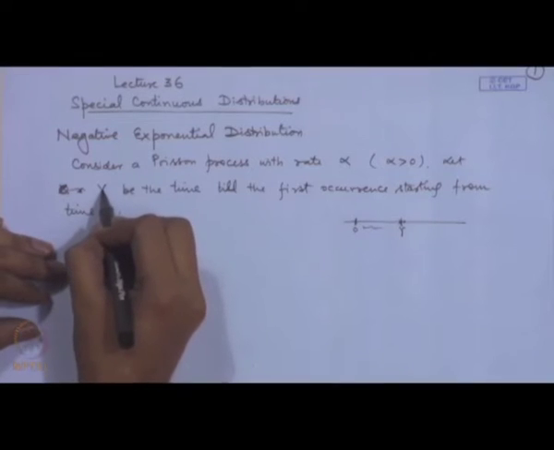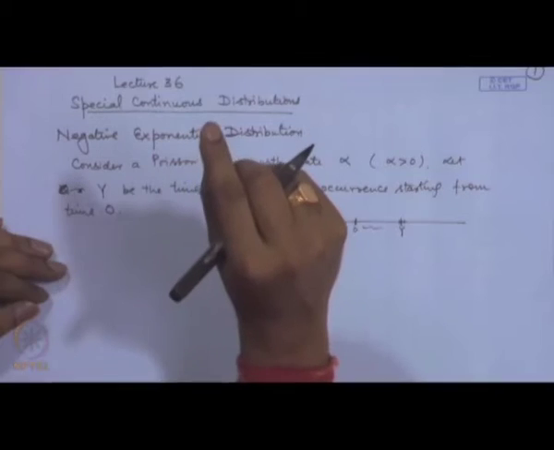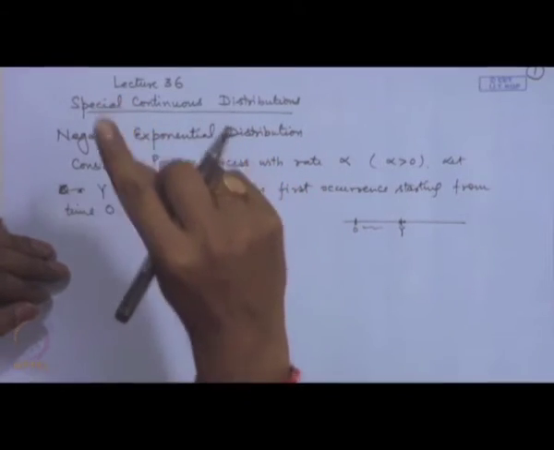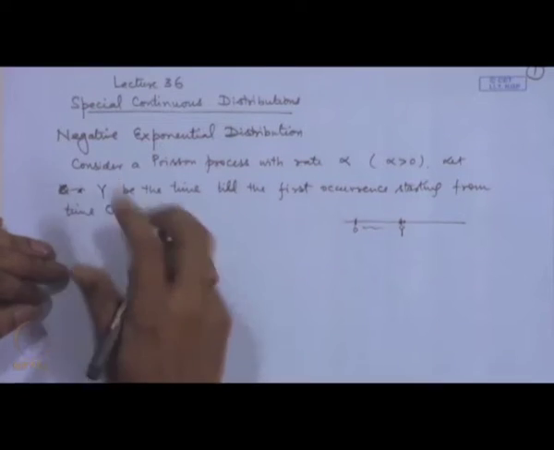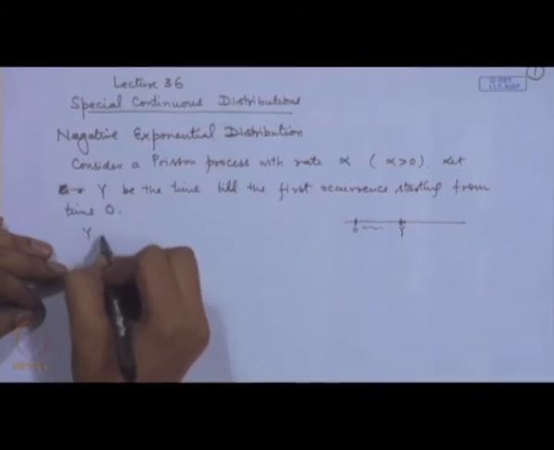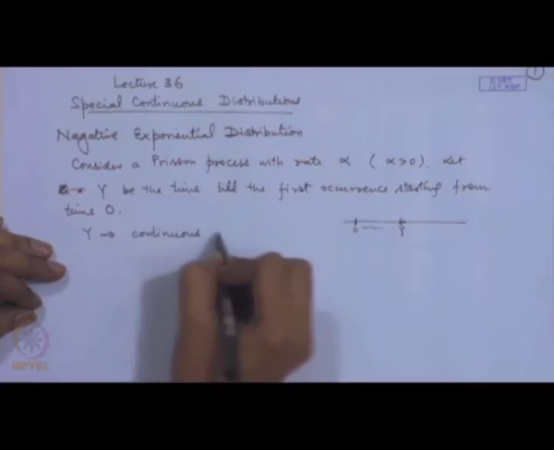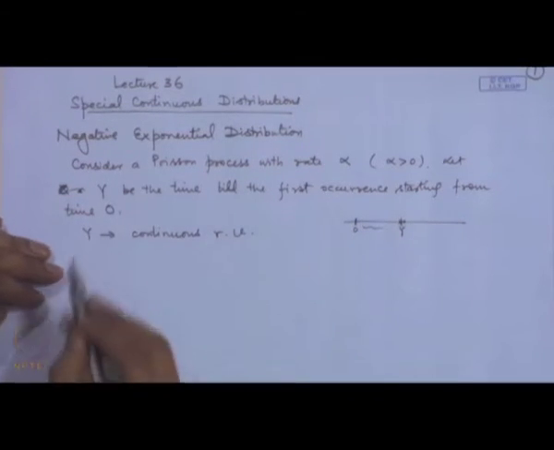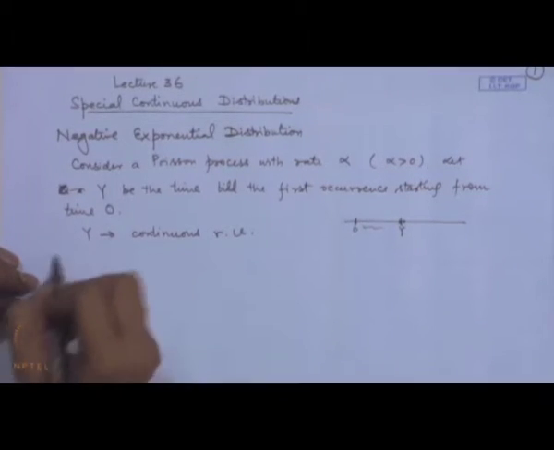Now, naturally this y is different from the number of occurrences. The number of occurrences is a discrete random variable, because it was taking values 0, 1, 2 and so on. Now, we are looking at the time, so y is a continuous random variable. Let us find out the distribution of y.